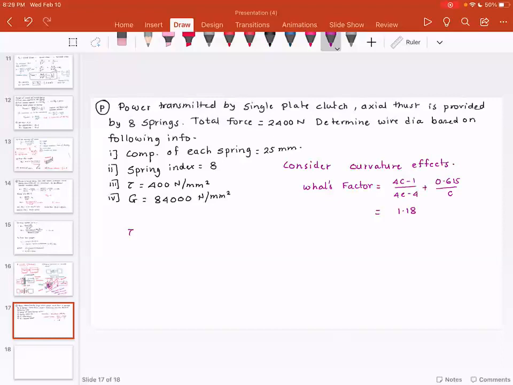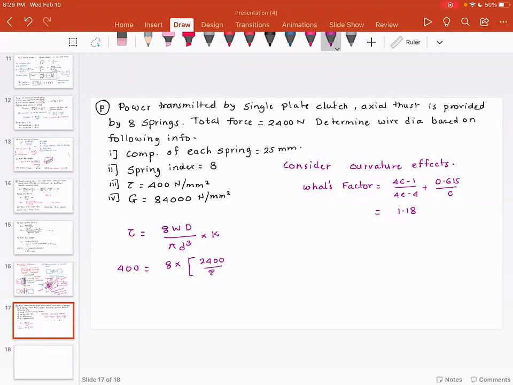Then tau is equal to 8 W D divided by pi d cube times K. Now what I'm going to do is substitute the values: 400, 8. Now there are 8 springs. The total load is 2400.